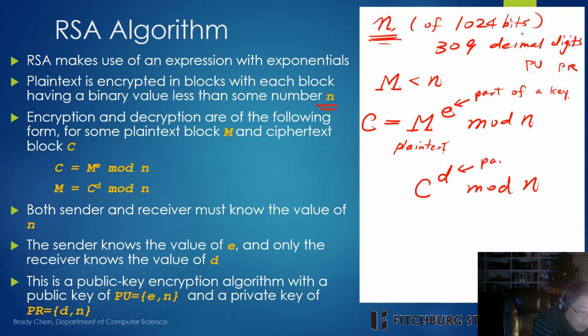D should be part of the other key. If E is part of the public key, then D should be part of the private key. So E and D are somehow related, and the result should be the plain text. We should be able to restore the plain text. So that's the encryption and decryption.